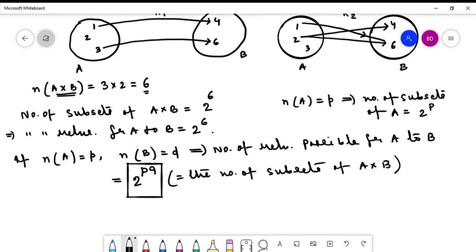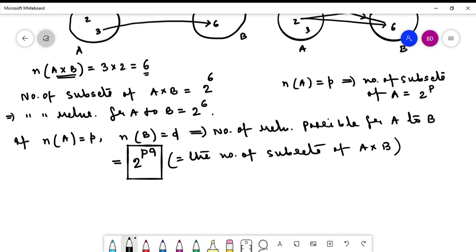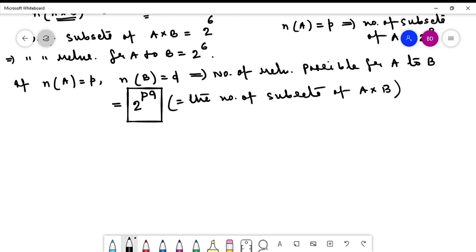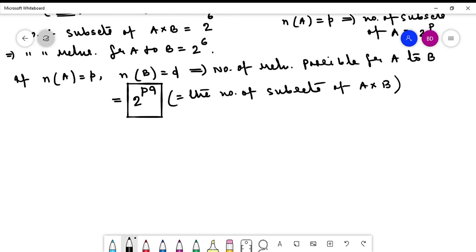Now you see, any subset of A cross B is a relation from A to B. So you already know that there are two extreme subsets of a set A. First, the empty set or null set is a subset of every set. So let me write it down.